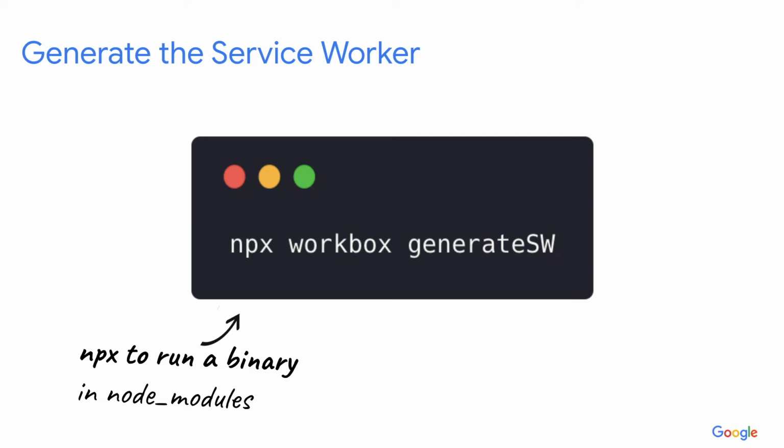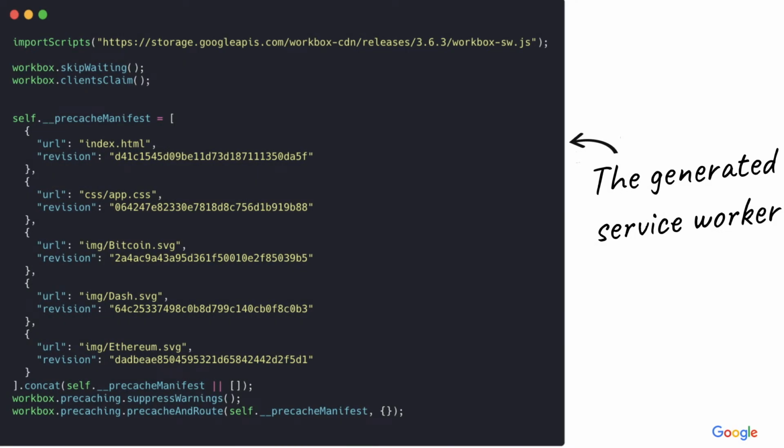So you can run the CLI with npx workbox generate SW. This will create our service worker, and this creates something like this.